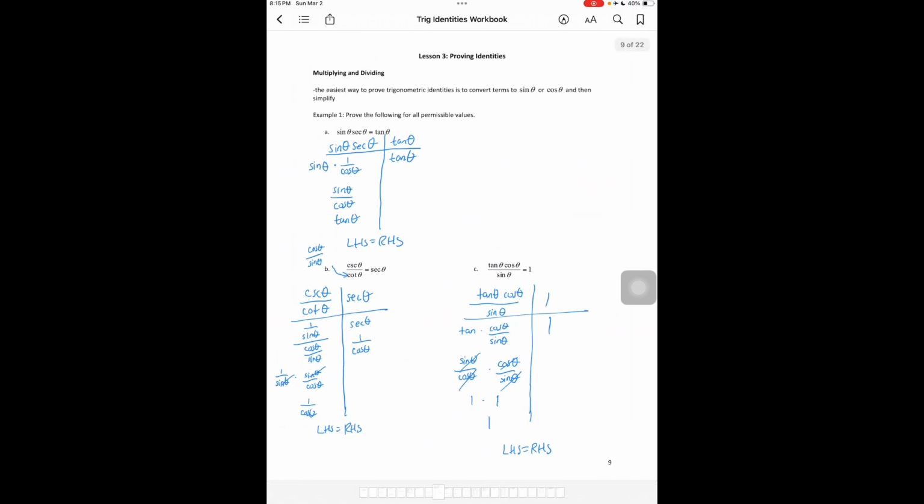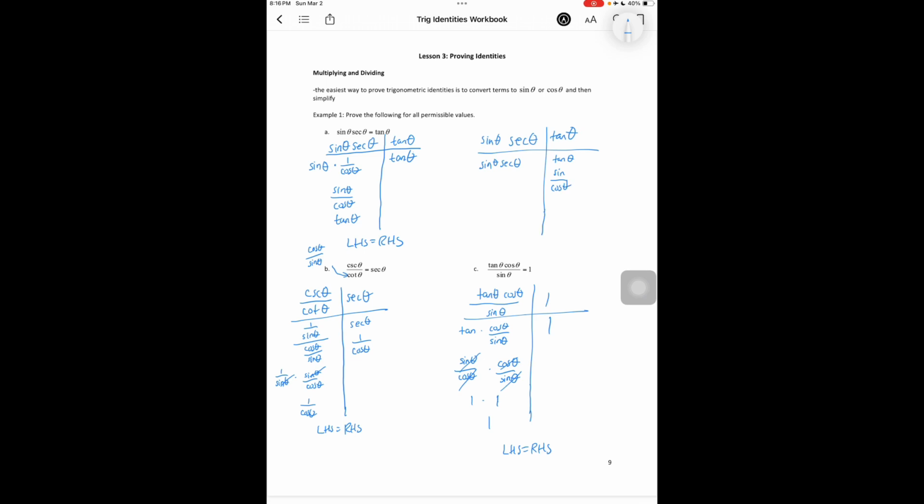Like, for example, here, if I were to do letter A on the right side, you could just change it like, sine theta, secant theta, tan theta. If I wanted to change the right side, I could just do tan theta is the same thing as sine over cos theta.